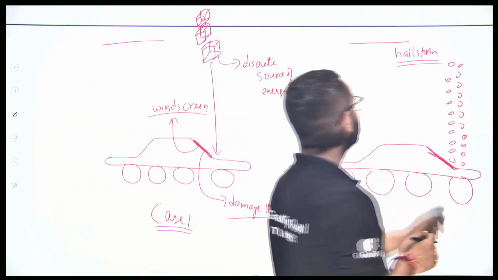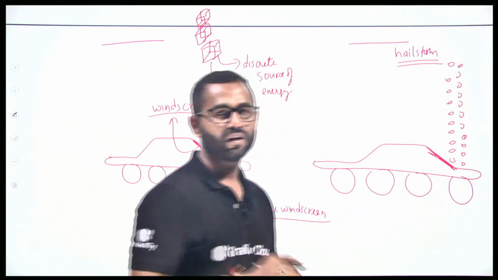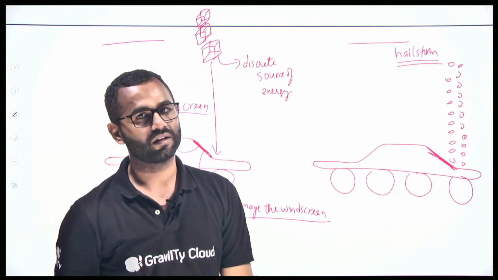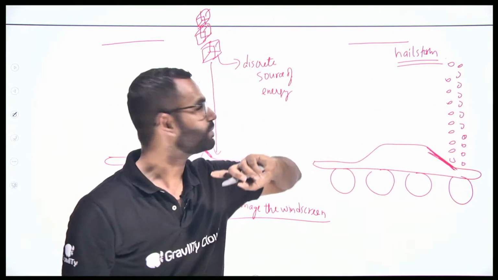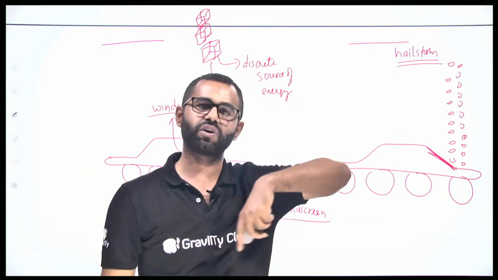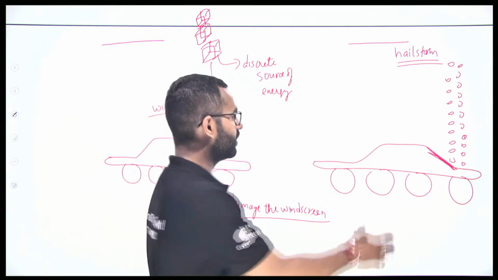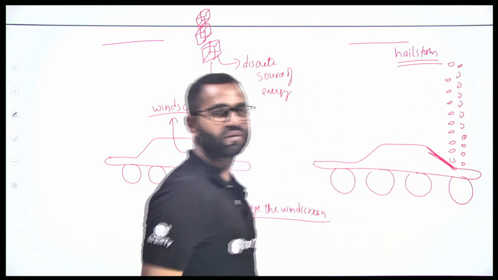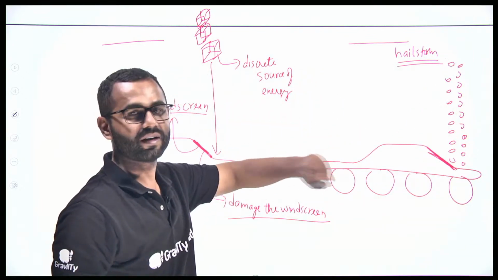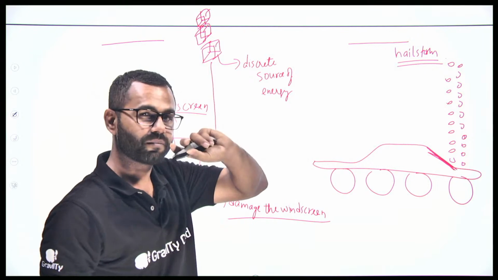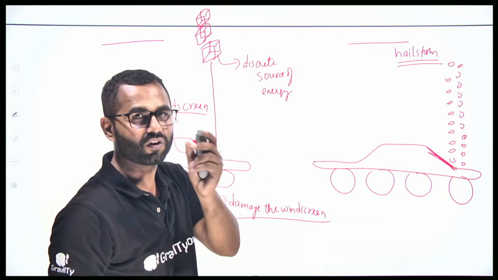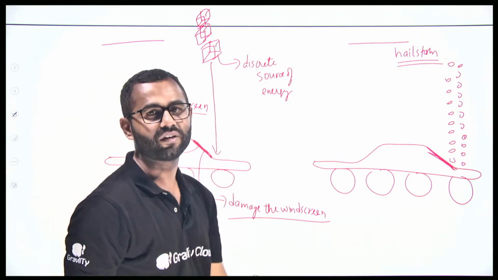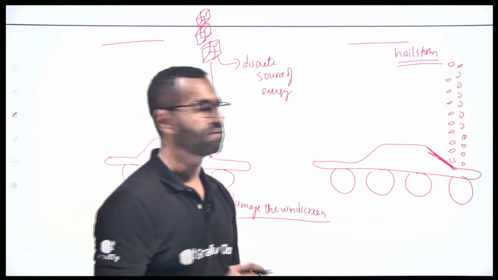In this case, hailstorm. Hailstorm is just like the rain, the way rain comes down. Suppose this is the windscreen and hailstorm is coming. This hailstorm is what? These are the ice cubes, or we can say little spheres of ice.